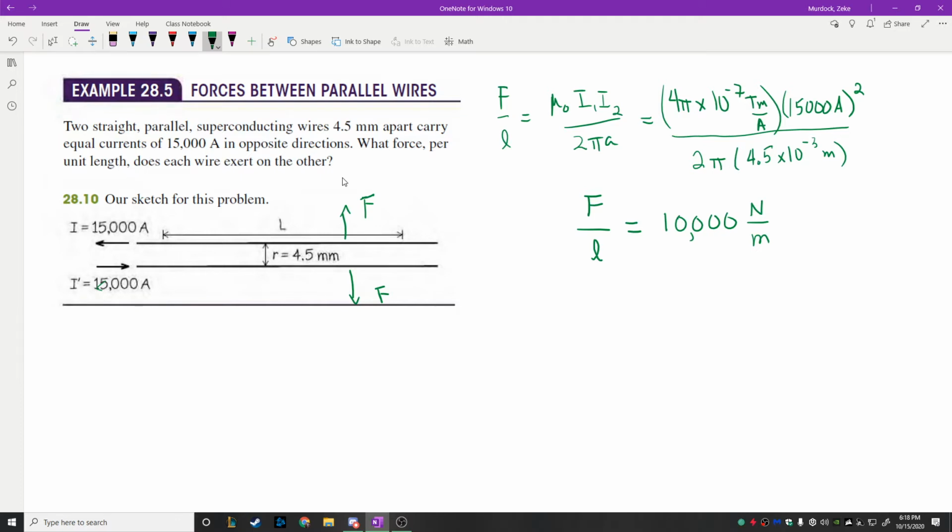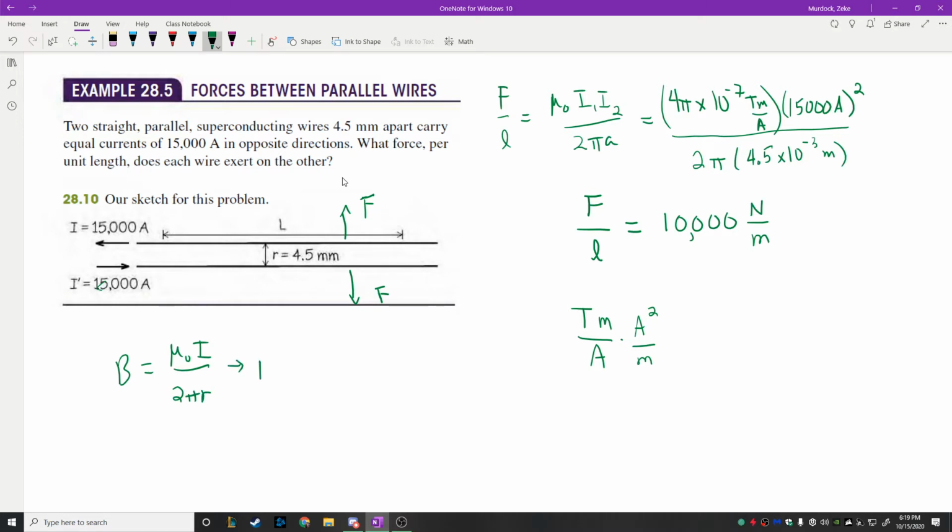How does this work out to be newtons per meter? So the units of this are Teslas times meters divided by amps, times amps squared, and then divided by meters. Is that unit right? Let's see. So that's our equation for the magnetic field.